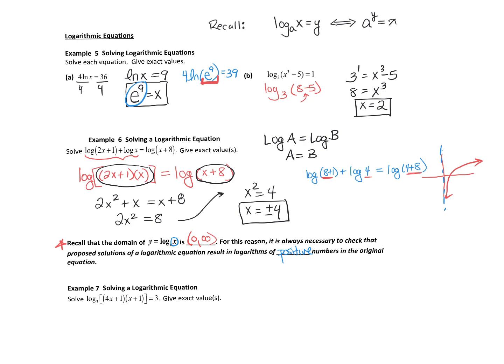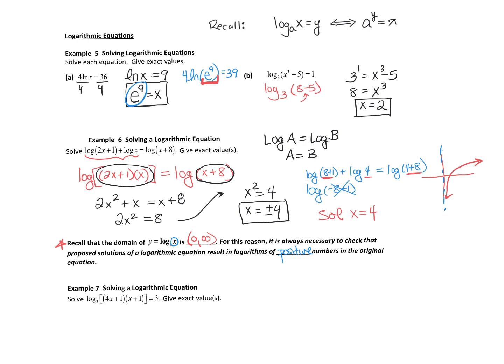And notice I'm checking it in the original because that's what I want to make sure that the domains are okay there. And then when I plug in the negative 2, I get the log of negative 4 plus 1. And you can see right away that that's the log of a negative number. So our only solution here is x equals positive 2.